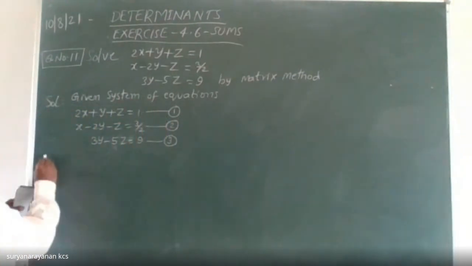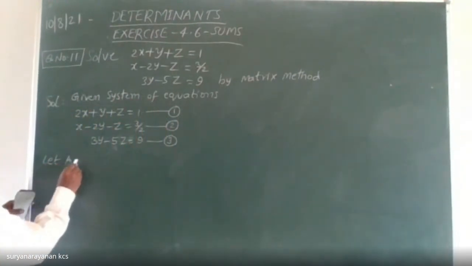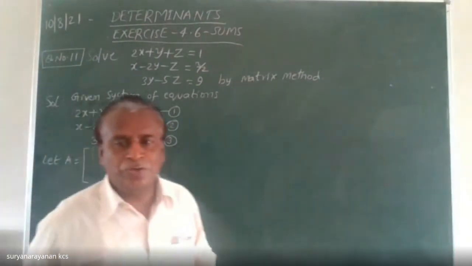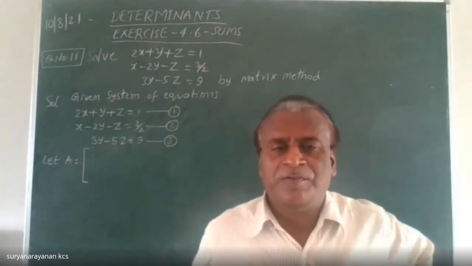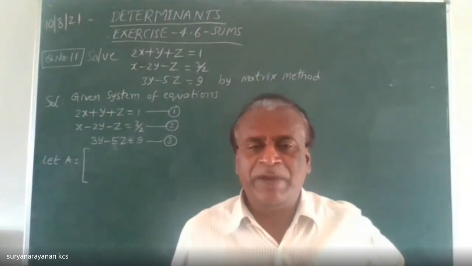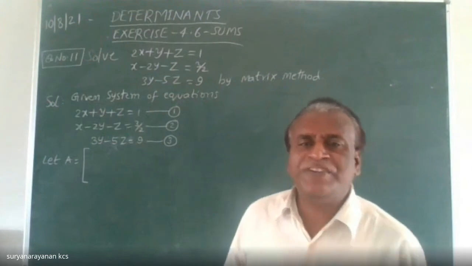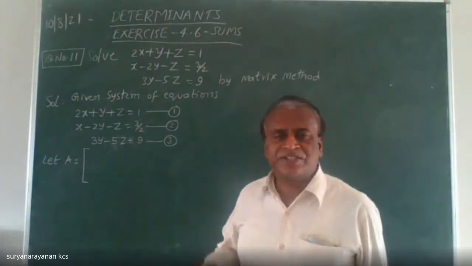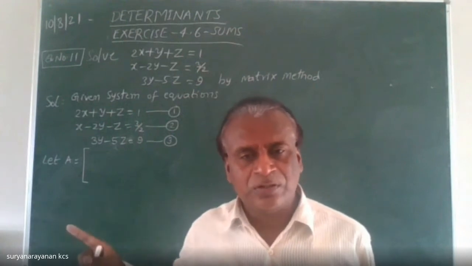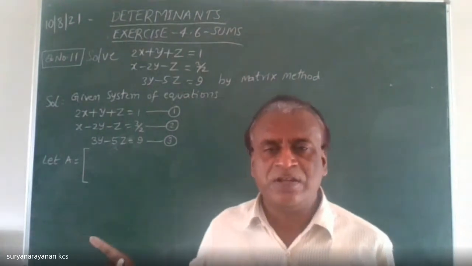Let A is equal to. Previously, I told you the meaning of matrix A. Matrix A means coefficient matrix.